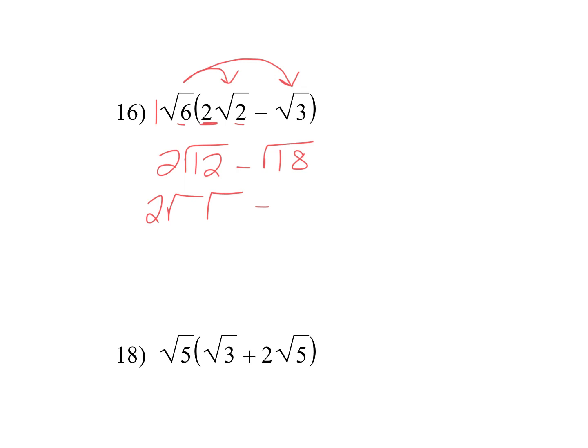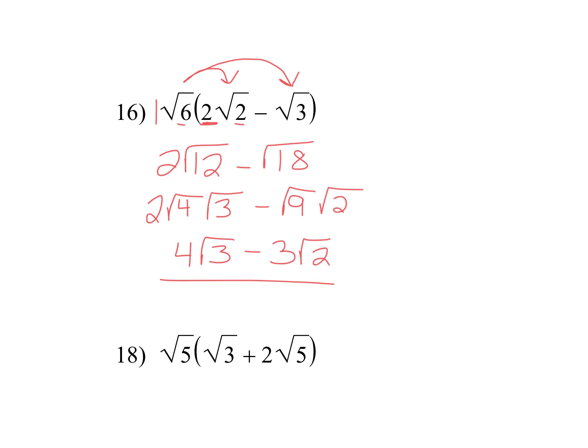What's the good and the bad of 12? 4 and 3. What's the square root of 4? 2 times 2. 4 square root of 3. What about 18? Good and bad? 9 and 2. What's the square root of 9? 3. Leftovers. Keep it. Now am I done? Yes.